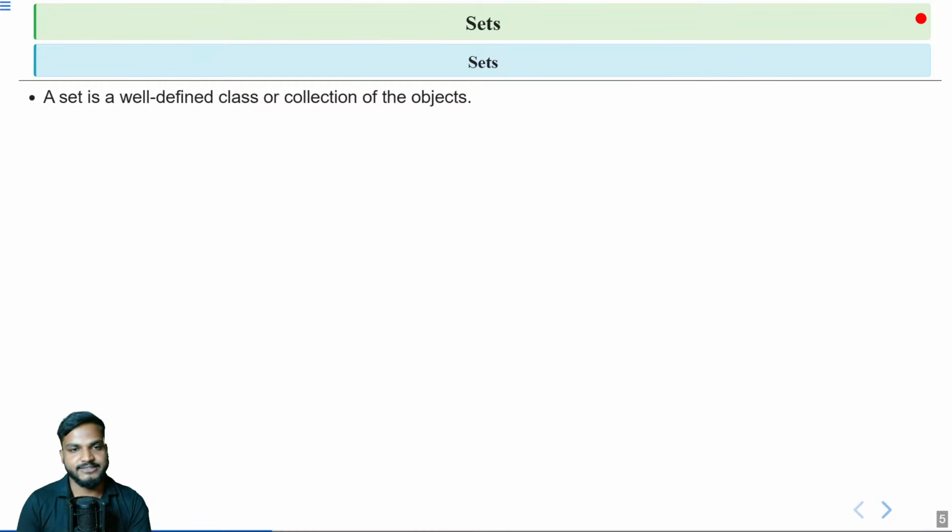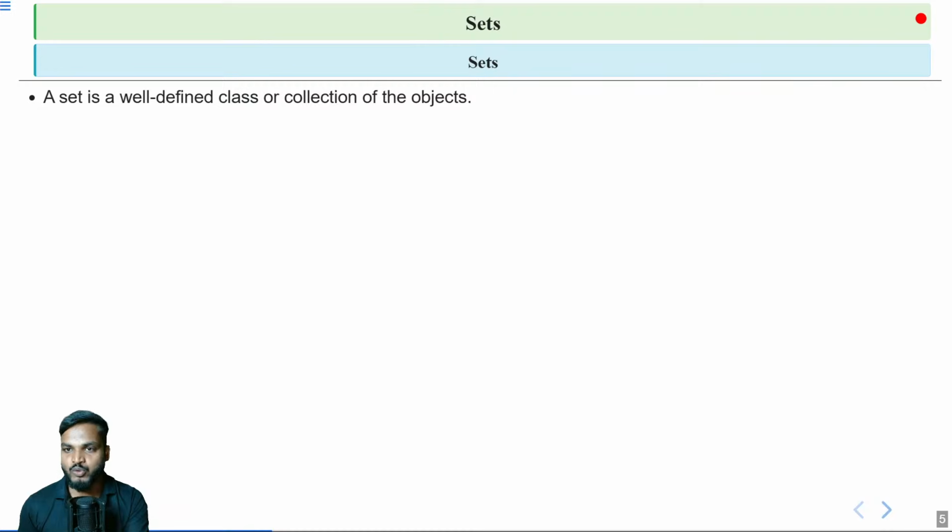Study about sets. A set is a well-defined class or collection of objects. So what is the meaning of well-defined? Well-defined means there should be no confusion in including or excluding any object.